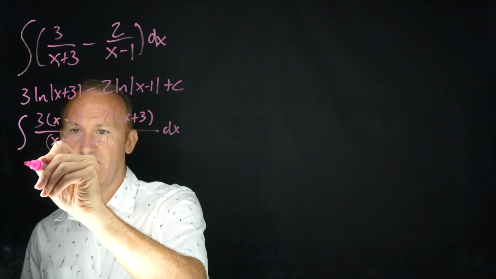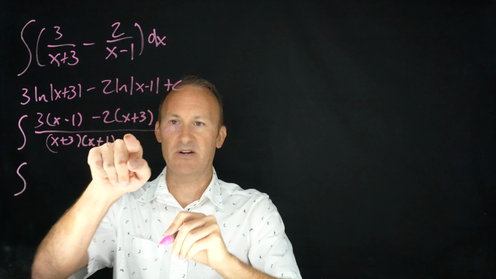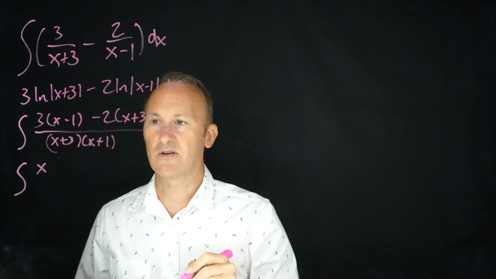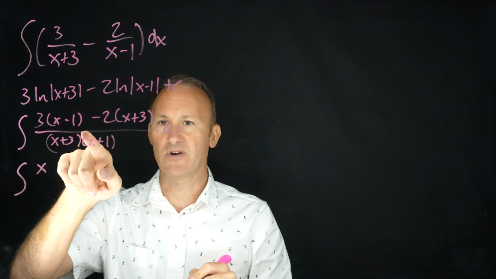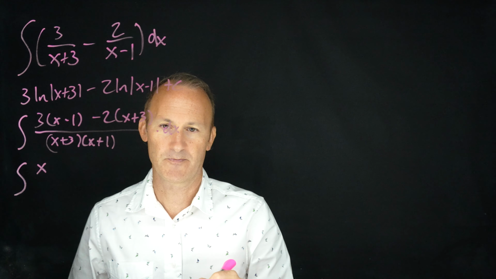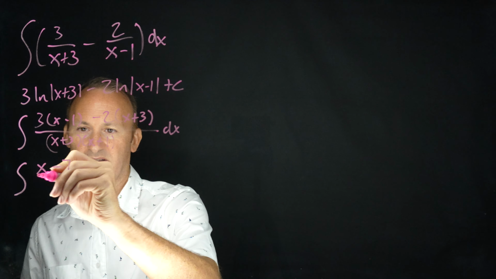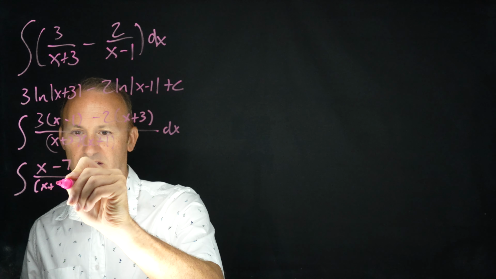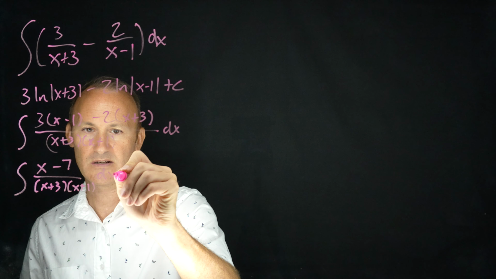If we do that, let's check this. We've got 3x minus 2x, that's just an x. And then we've got negative 3 minus 6, that's negative 7. And so we get x minus 7 over x plus 3 times x minus 1 dx.